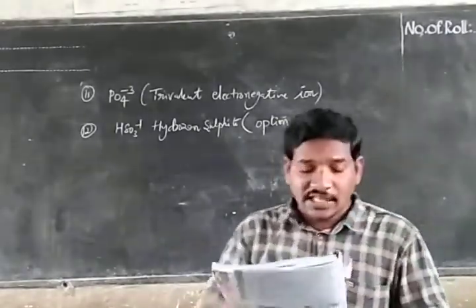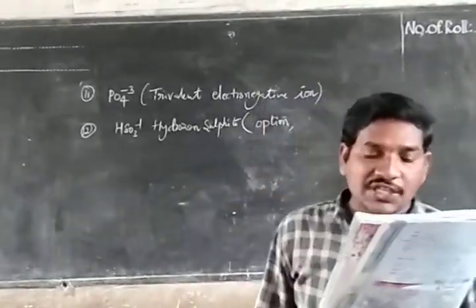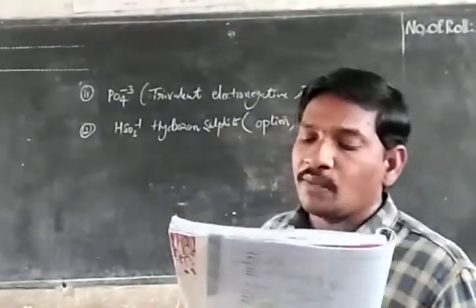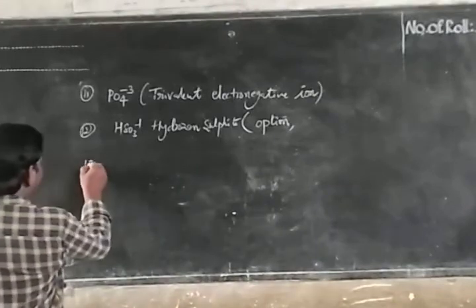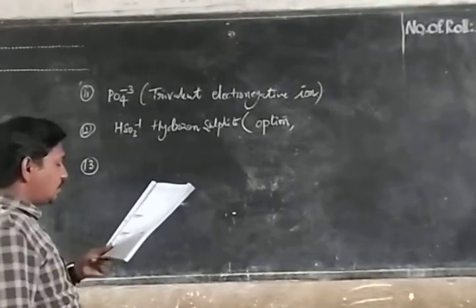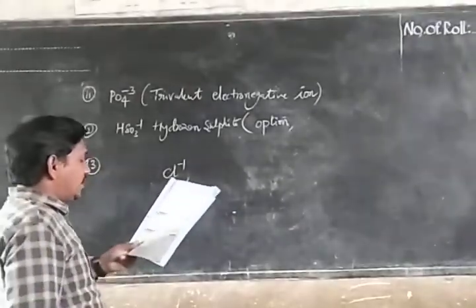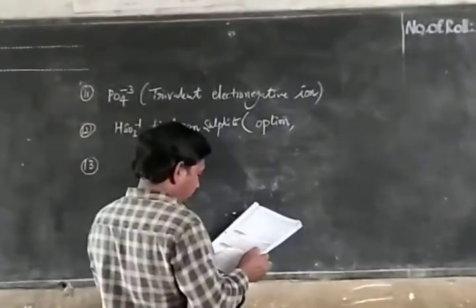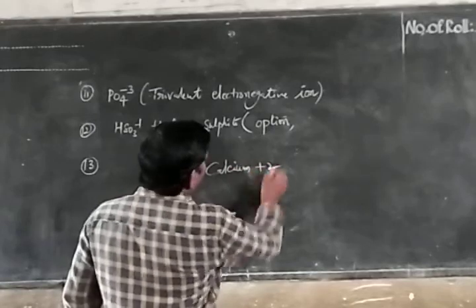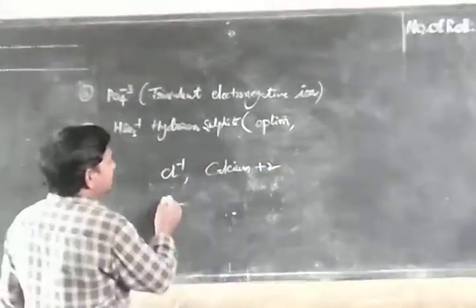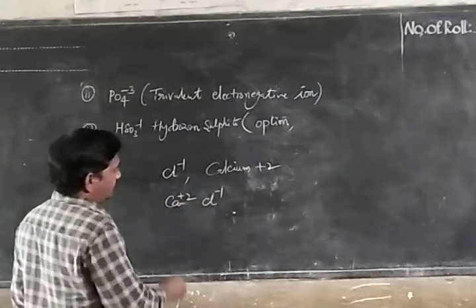13th one. The valency of chloride ion is -1, the calcium is +2. What is the formula obtained by these two ions? So write here Ca +2, Cl -1.